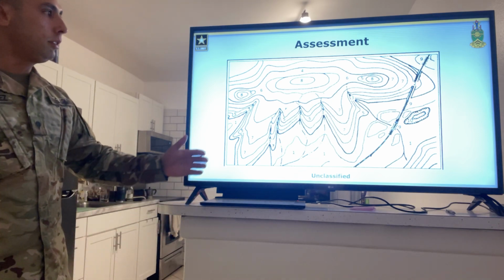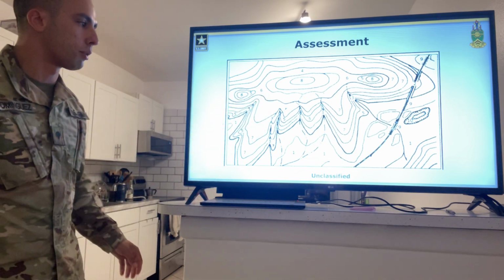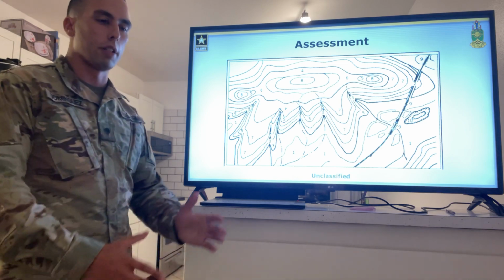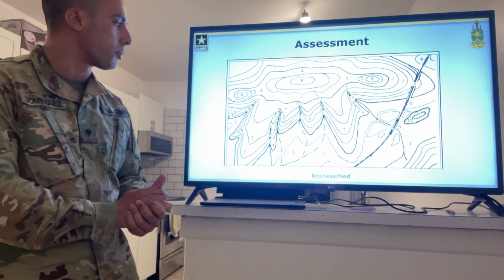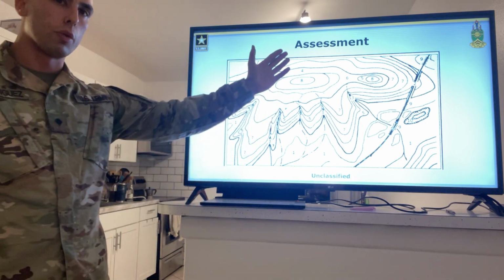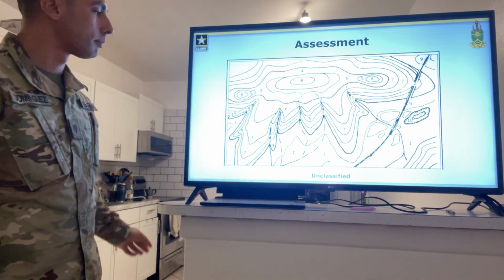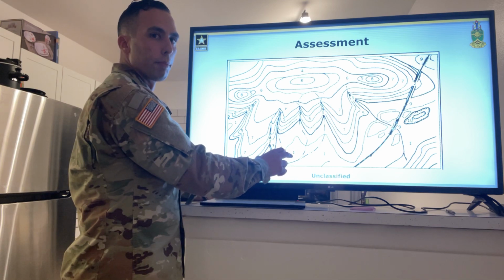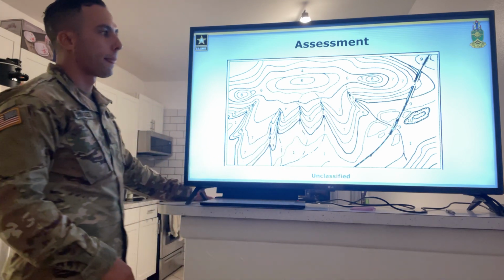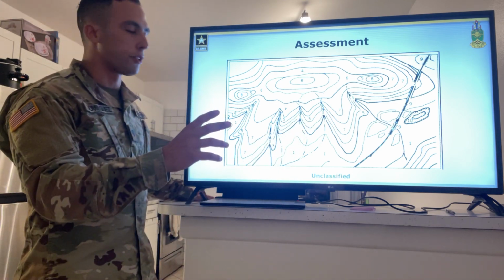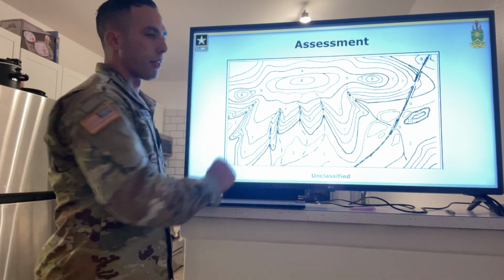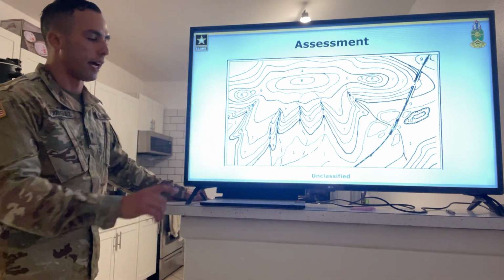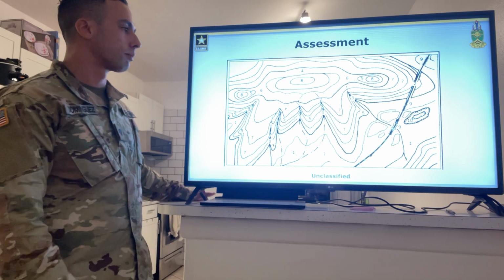So up here, you guys have a map. What I want you to do is, on the sheet of paper in front of you, write the numbers 1 through 10, and you're going to identify, based on the numbers on this map, what terrain feature is being identified by each number. Right next to the number, I need you to write the terrain feature.